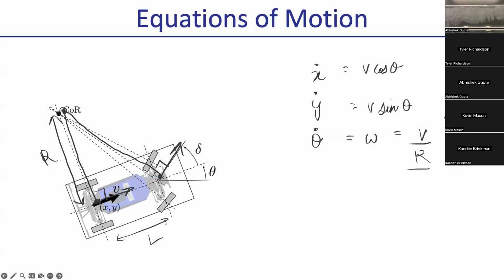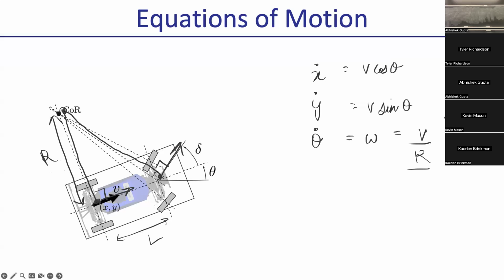So the trick is you have delta here. This is 90, which means this is 90 minus delta. Which means that this is delta. So this is delta, this is 90. These three have to add up to 180, so this is going to be 90 minus delta. Now this is a right angle triangle.